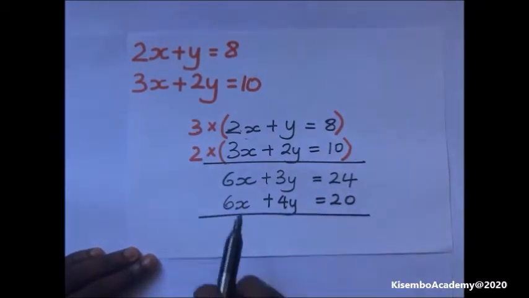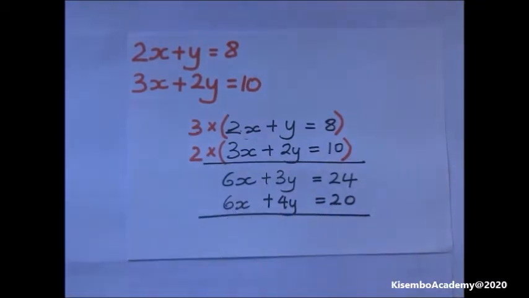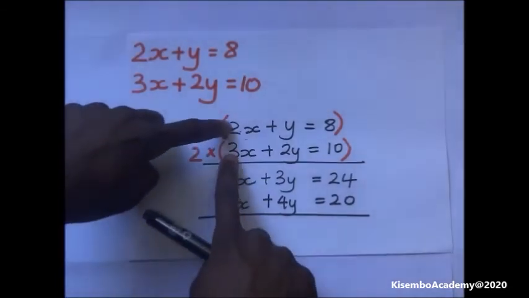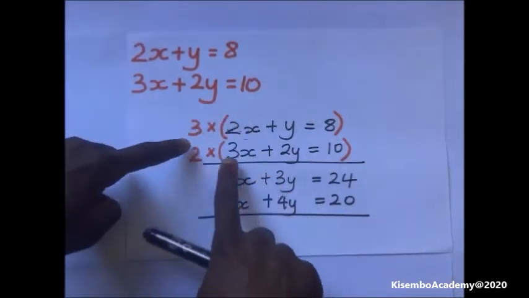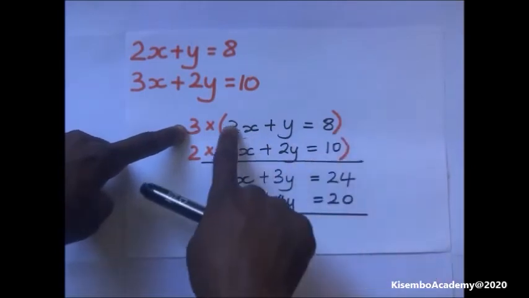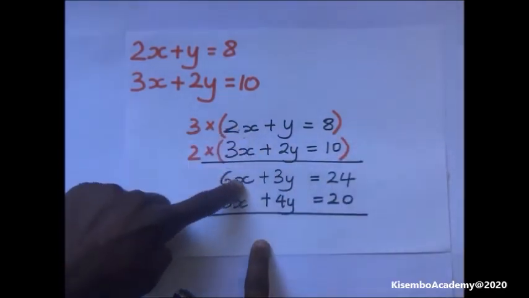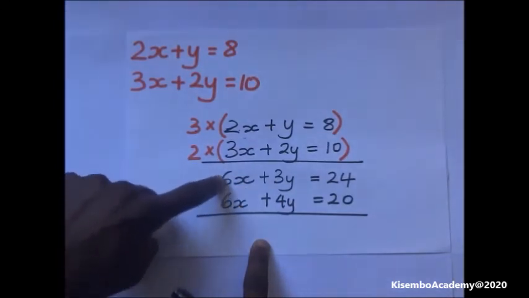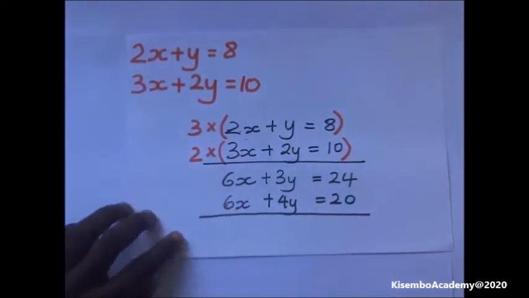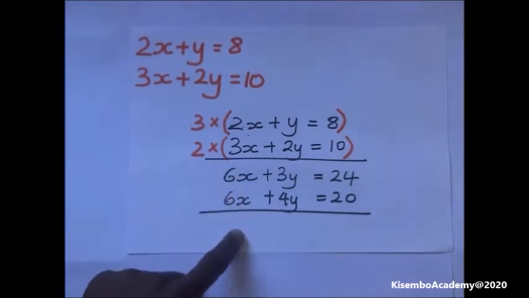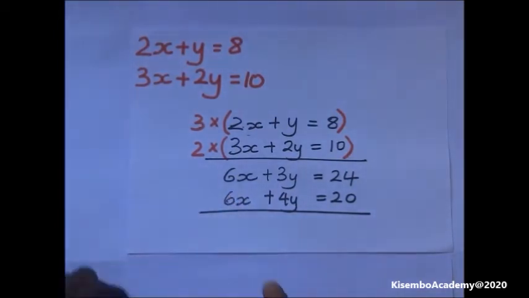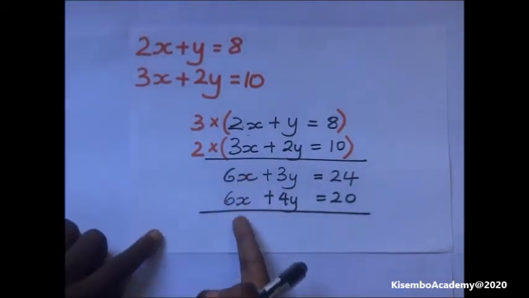After our multiplication, when we interchange these coefficients like that, you find that the coefficients of x are now 6. This one is 6, this one is 6. And 6 minus 6 is going to give us 0. So now it is easier to eliminate x.